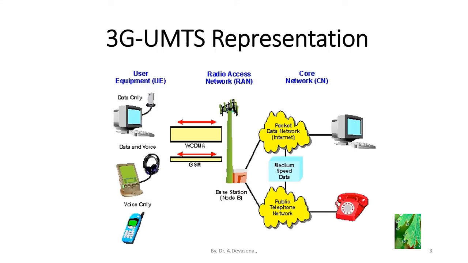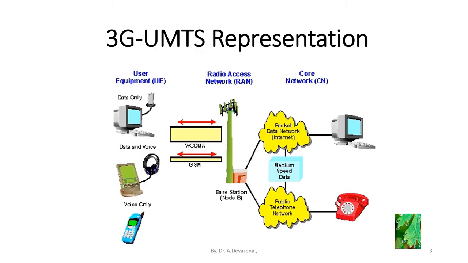One is for voice only, other is for data and voice. If the computer is interconnected with the headphone, it can be used for data and voice, and if the computer or laptop is connected only to the network, it is used for data. This is represented in the user equipment segment.